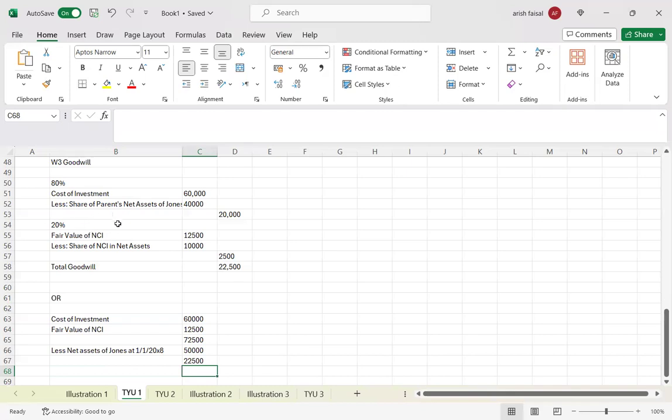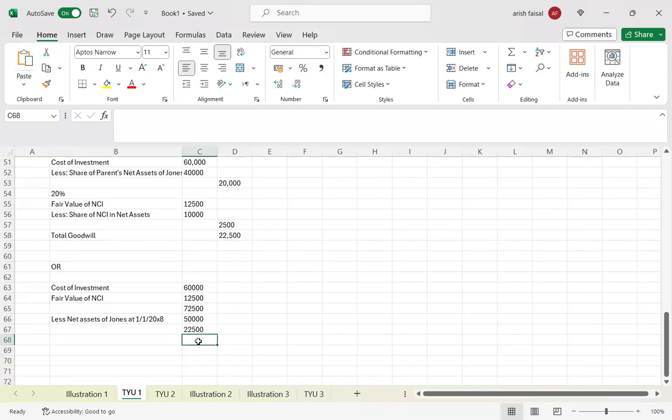and you can also do it by the above way, how I have calculated the goodwill. But the problem over here is that if you divide 22,500 into proportionate 80 and 20, you will not be getting 20,000 and 2,500 actually, because as a proportion, both of them have their own goodwills. Okay. So if I take, let's say, 22,500 into 80 percentage, I'm not going to get 20,000, which is actually the goodwill of the parent share, the controlling share.